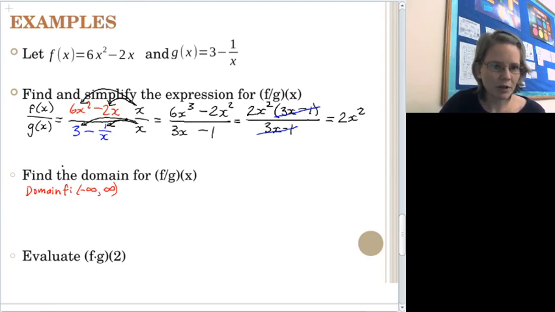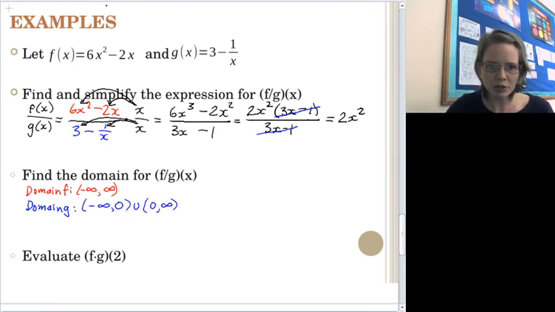And the domain of g was jumping over 0: negative infinity up to 0, and from 0 to infinity. So we're going to have to keep those restrictions in mind, and then now we have this new restriction.